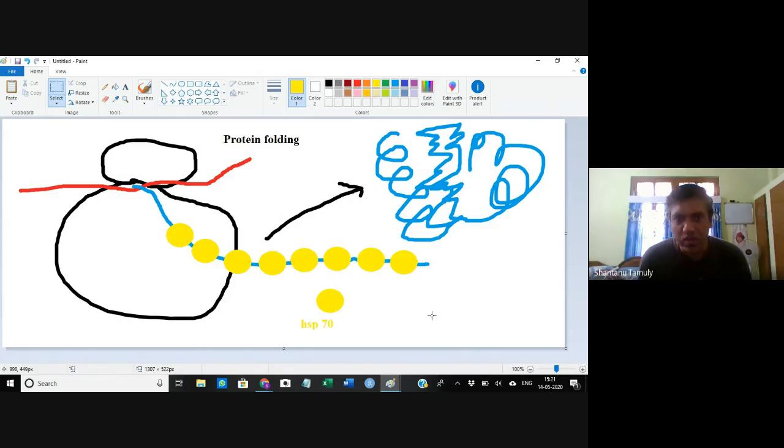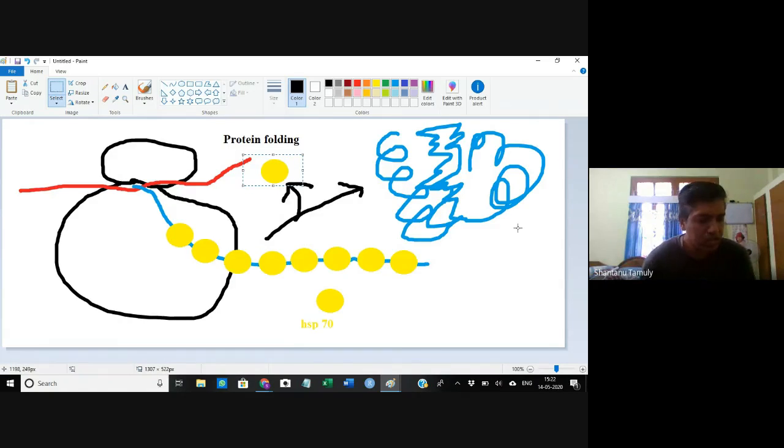Okay. So once the protein synthesis is over, these proteins will fold immediately, just in a few seconds. After synthesis, these HSPs will be removed, and then the protein will undergo folding.